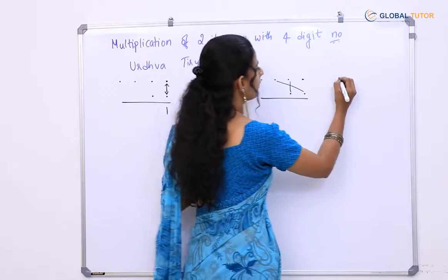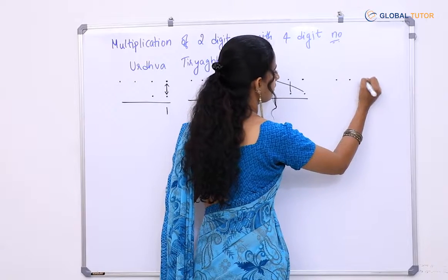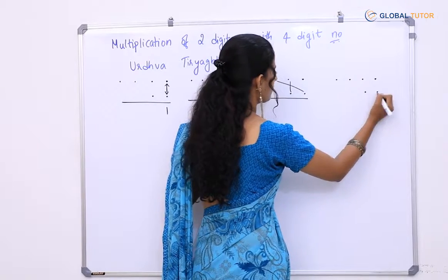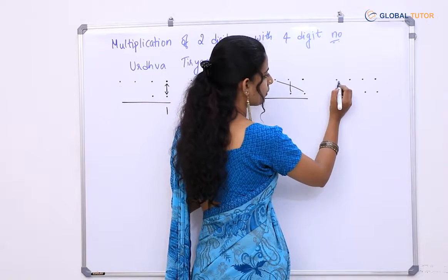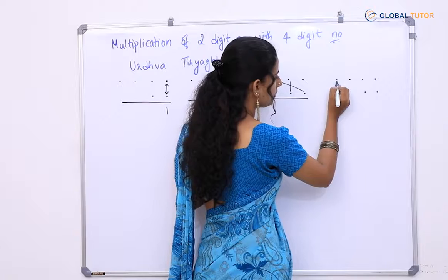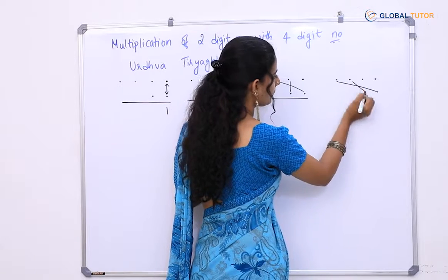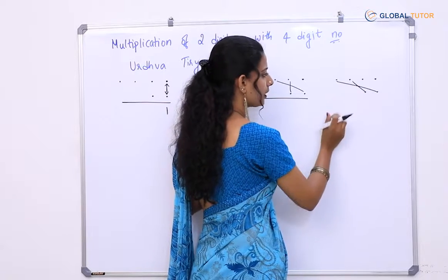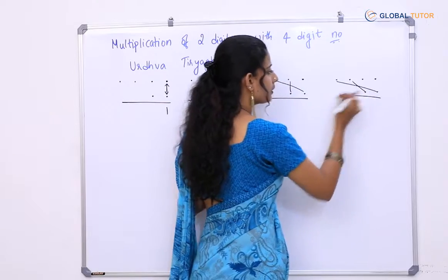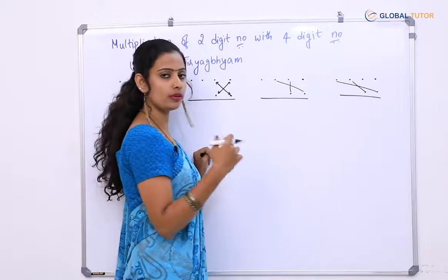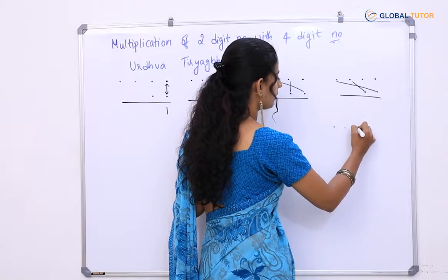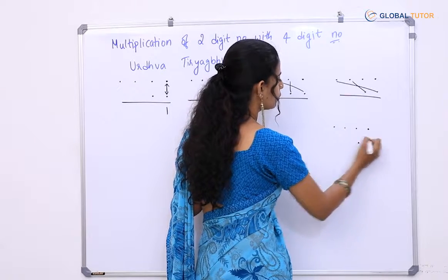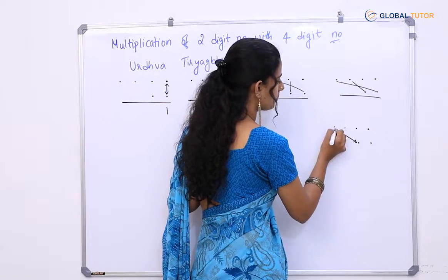And then next, with the last digit from the 4-digit number, you multiply like this and then add the product of this plus you add the number which is there to carry forward. In the last step, you add only these two numbers.